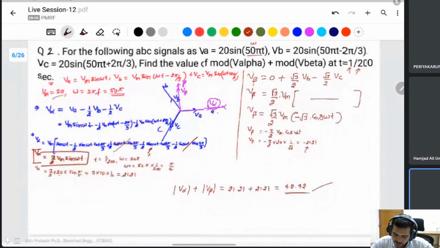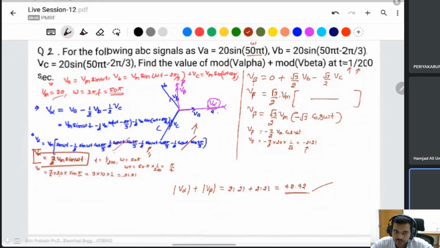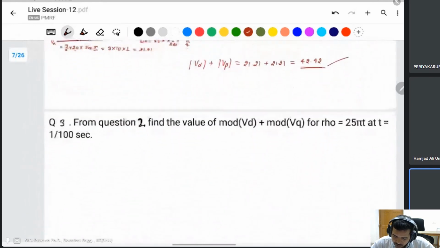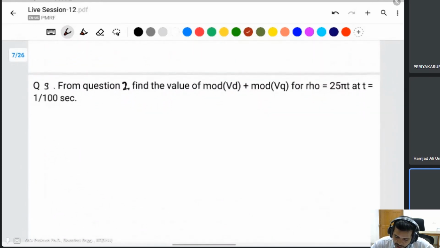Okay, in this question, first of all, find the V alpha and V beta. Apply the vector transformation. Next question, from the second question, find the value of the same thing in the dq frame, Vd and Vq.